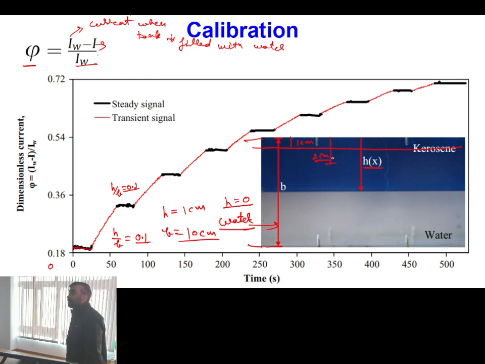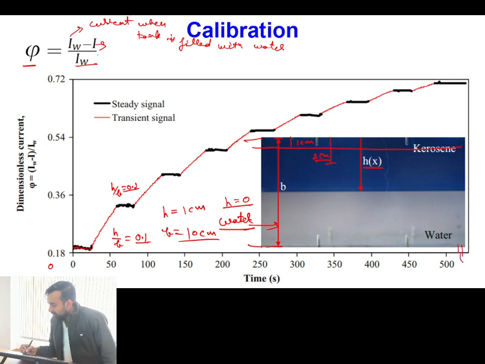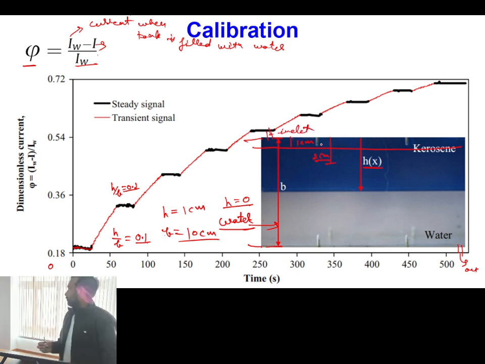So in this scenario, what will be happening? If you have more signal, this value will keep on increasing, and likewise you will have a corresponding change in the signal. Here you can see that at this point you opened the outlet valve and simultaneously opened the inlet valve.